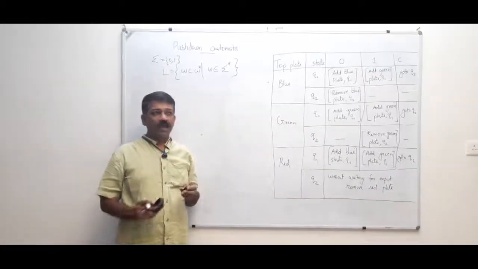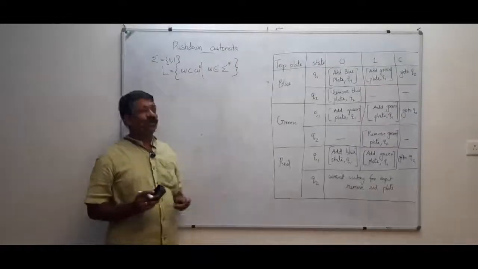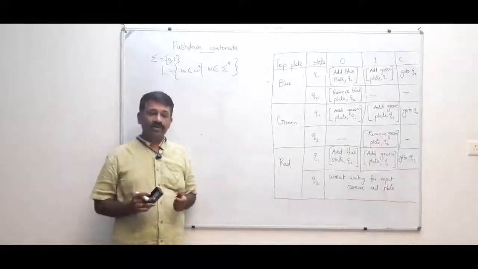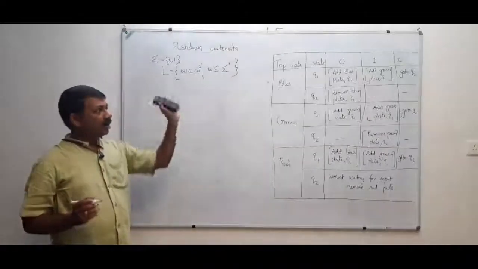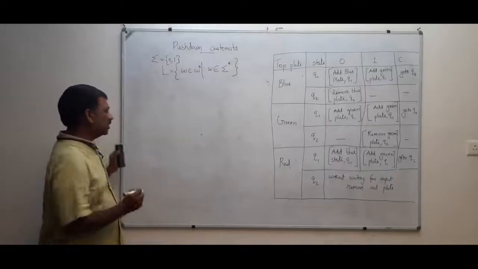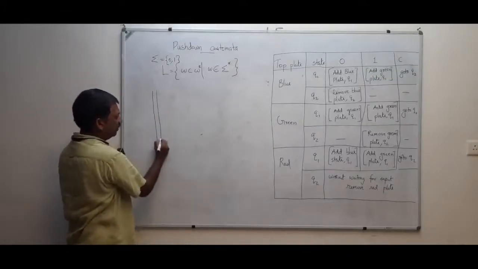That is the meaning. And for accepting this, I am going to design a finite automaton, not a finite automaton, a pushdown automaton for accepting this. It is looking like this. Here you have a stack, or suppose that you have a stack of plates.